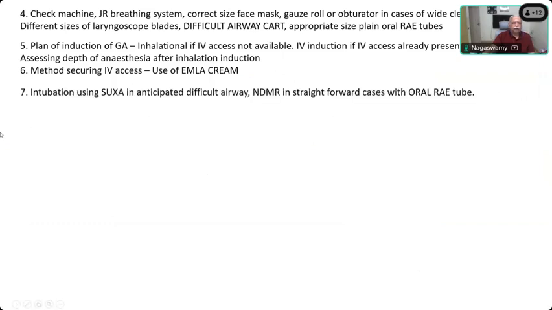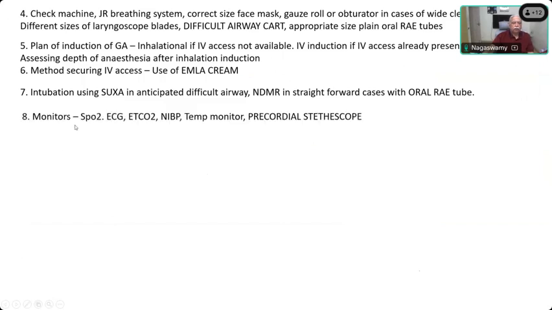And intubation using suxamethonium in anticipated difficult airway, or you can go for atracurium, whatever you are used to. The straightforward cases with an oral RAE tube. That is the most preferred tube, whether it is cleft lip or cleft palate surgery.